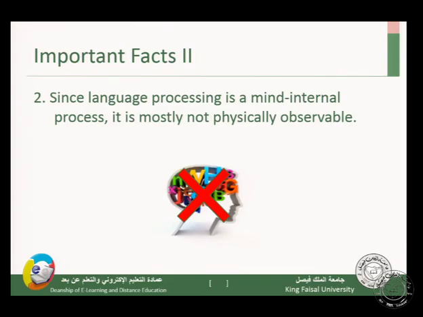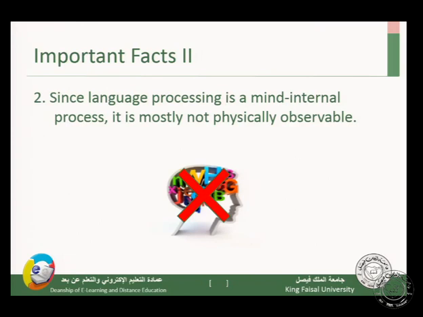You're not going to see words. You're not going to see, for example, the word computer, the word mouse, or the word keyboard inside your brain. So language is not physically observable. You cannot see it. It's a process which is unseen.